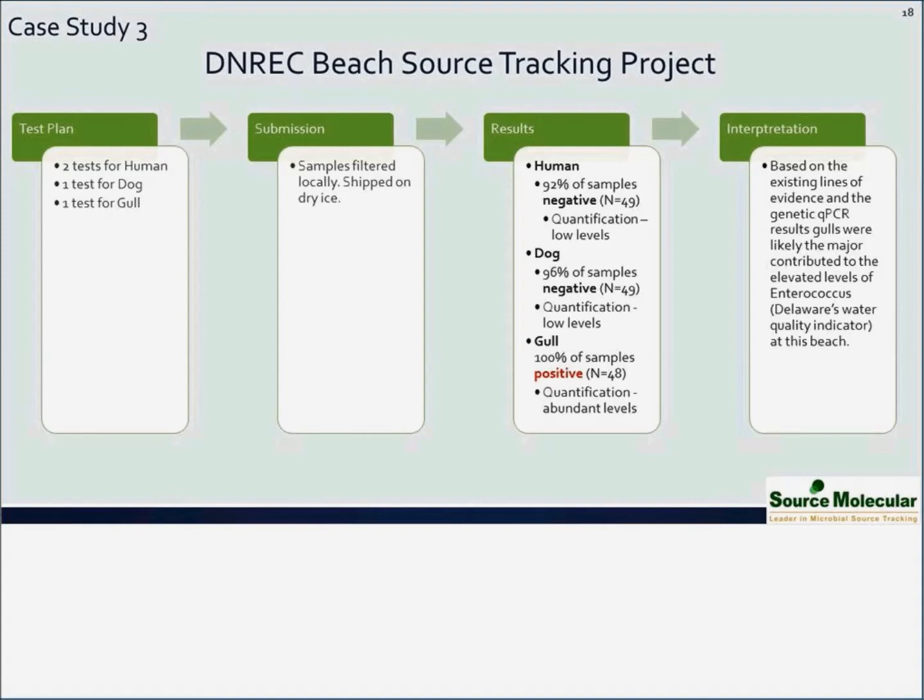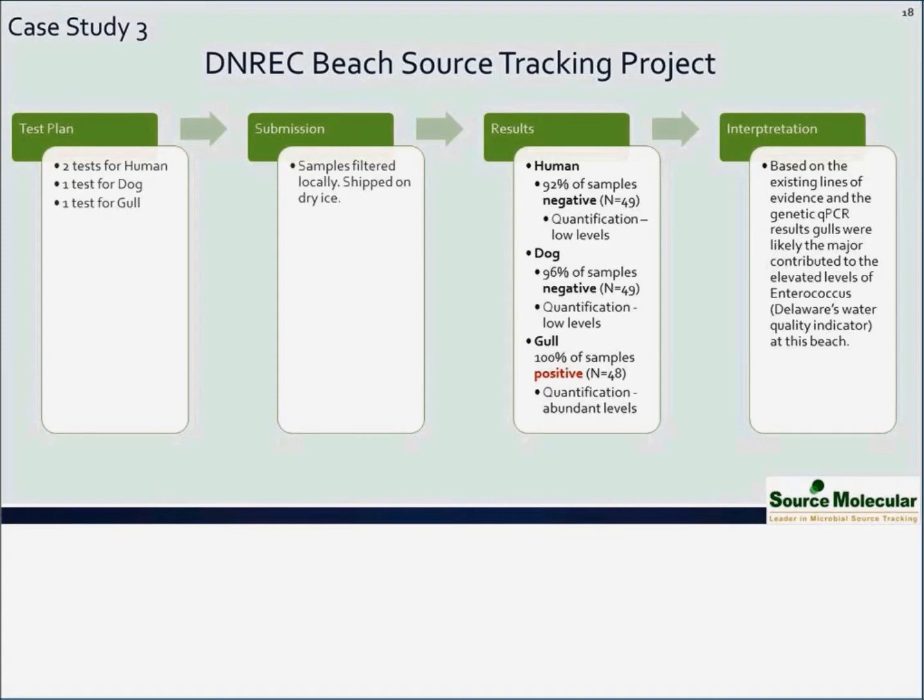And so because of this, what I understand is that they were able to shift resources to other locations which were more likely to be impaired by human fecal pollution. And so this was pretty significant cost savings for that community, since they could have jumped the gun and made a pretty significant investment in infrastructure improvements, and that was not really going to address the problem.